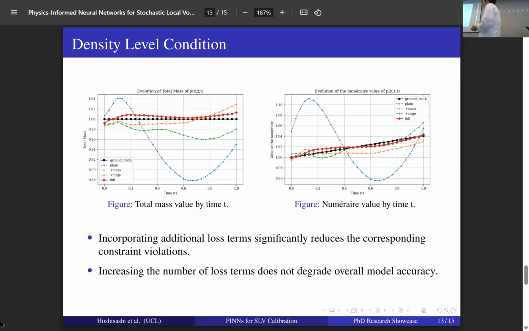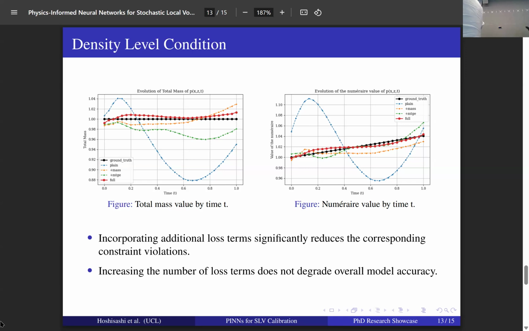On top of it, we also checked how the additional loss terms affect the total mass condition and martingale condition. So this is the total mass investigation. The black line should be 1, and without the additional loss terms, we got the blue line.